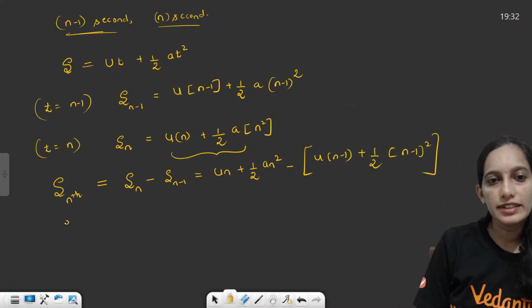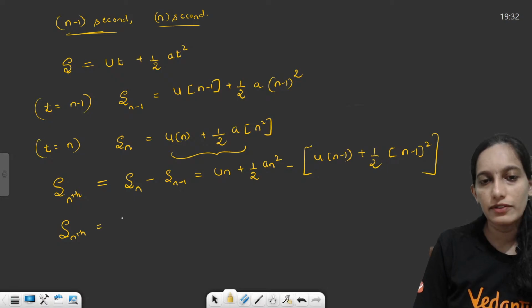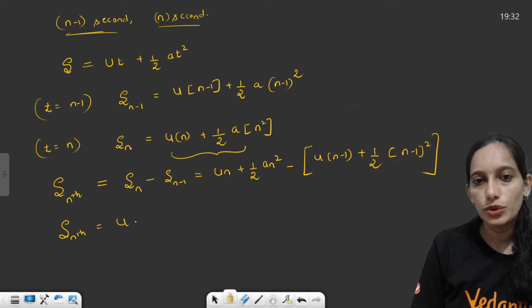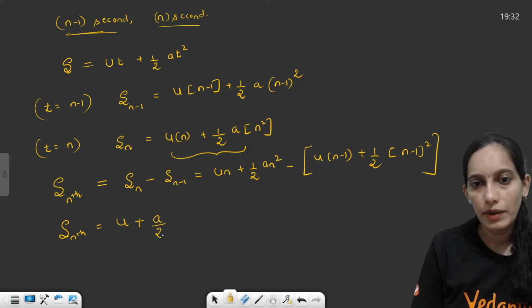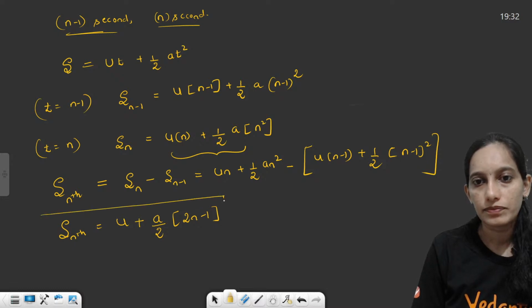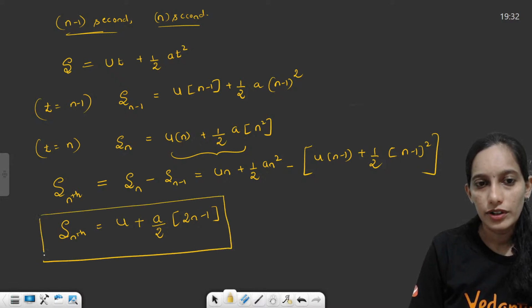Simplifying, we get the required formula, which is u plus a by 2 into 2n minus 1.